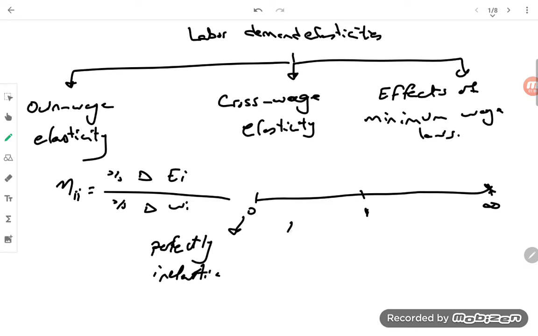If it is less than 1, it is inelastic. If it is 1, this is unit elastic demand. Greater than 1, elastic. And finally, infinity, perfectly elastic demand.